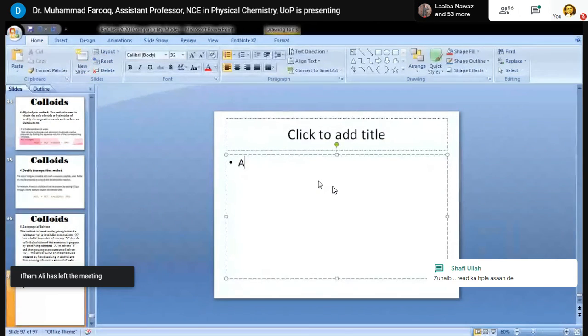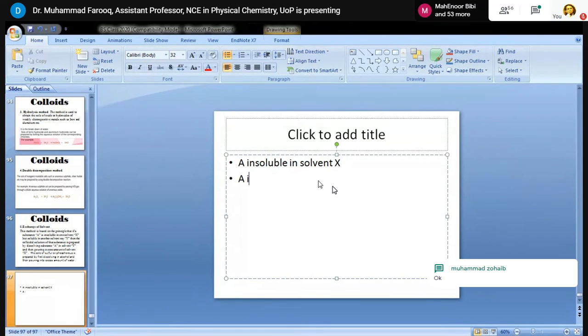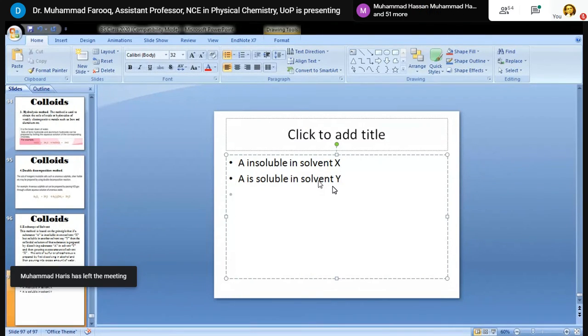A is insoluble in solvent X, while A is soluble in solvent Y. Can you see?